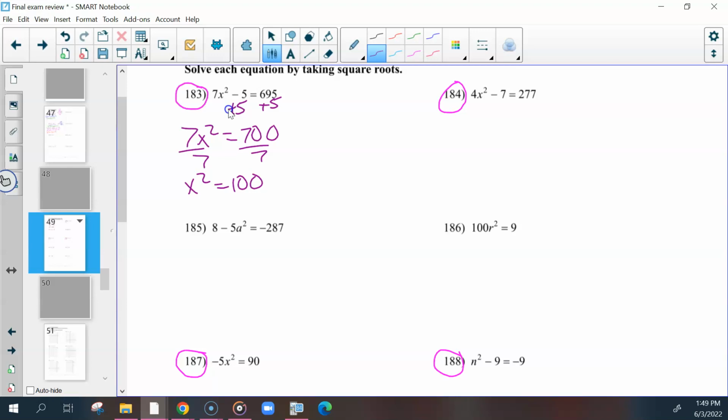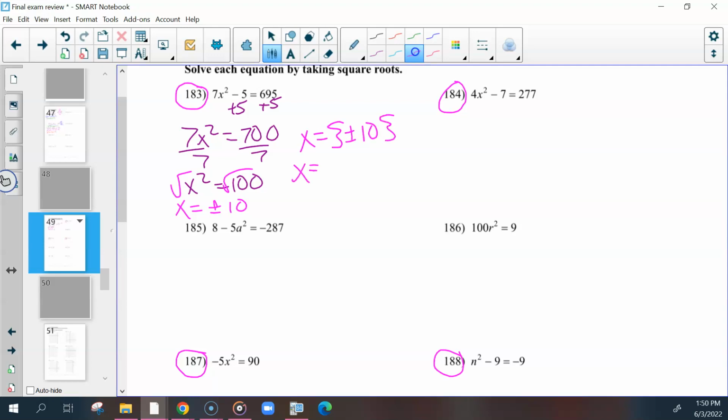And then we can take the square root of both sides. We have x equals plus or minus 10. Anytime you do this, you need to have both answers, the positive and negative version. And then write your final answer in curly brackets. So you can write it like this, plus or minus 10.